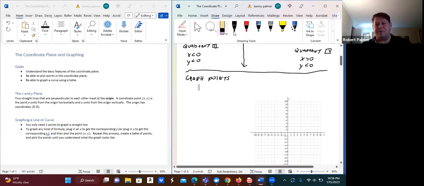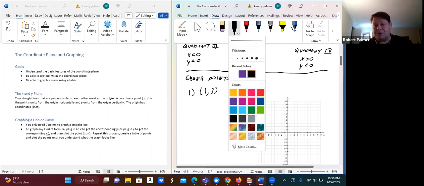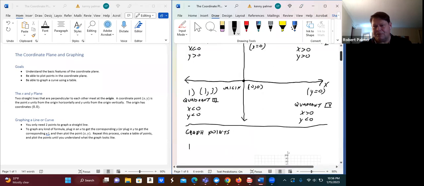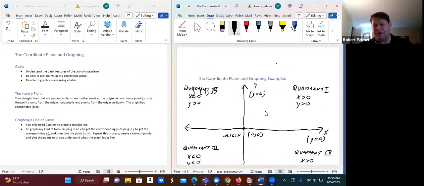And once again, I apologize, I'm having some trouble with my writing tool tonight. So number one, here we go. Let's make a point, let's say 1, 3. Now, I should go back up here briefly and say any point, for example, like right here, has coordinates x and y.